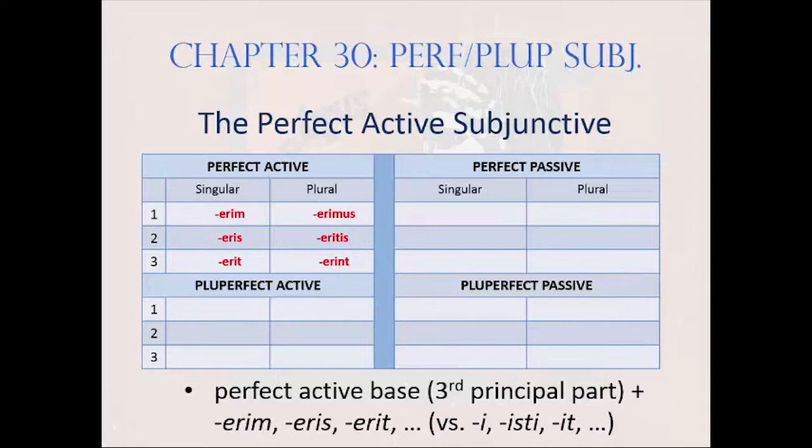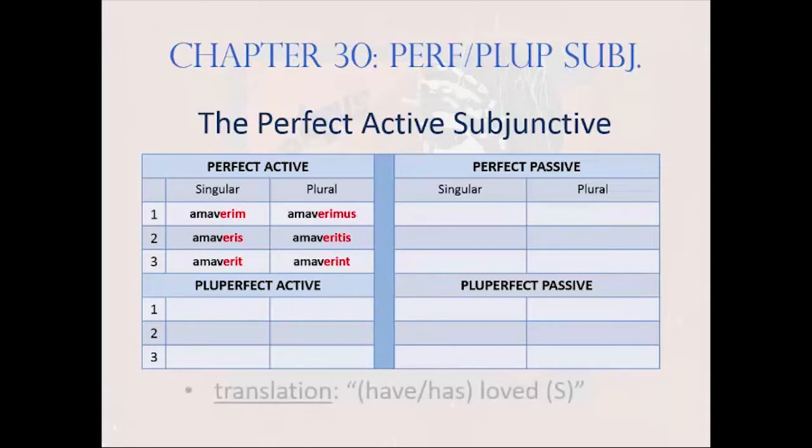When attached to a perfect base, such as amav, meaning have loved, it produces amaverim, amaveris, amaverit, amaverimus, amaveritis, amaverint. To translate these forms, follow the rules as you do with all subjunctives. Add (s) in parentheses to the end of the English translation.